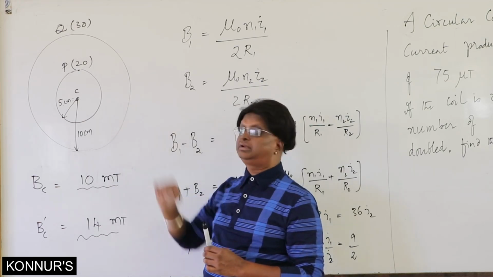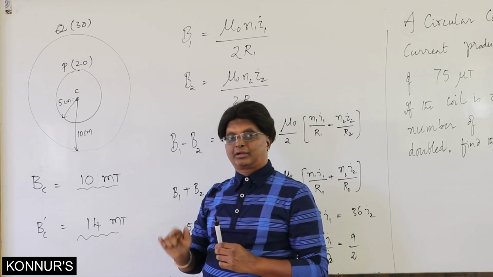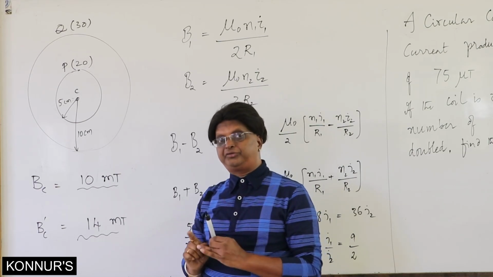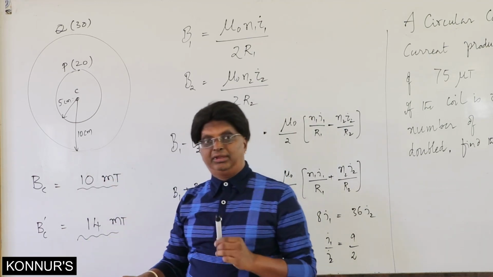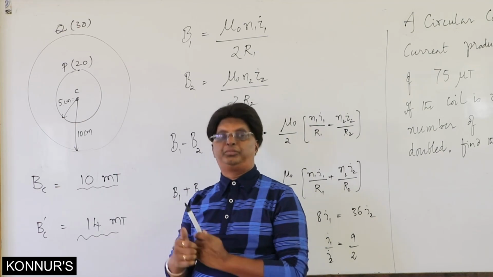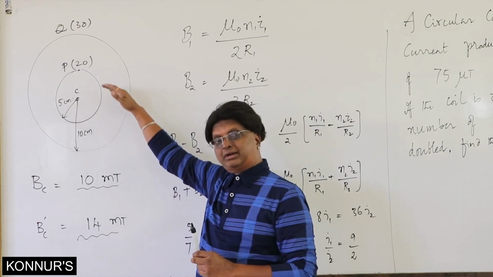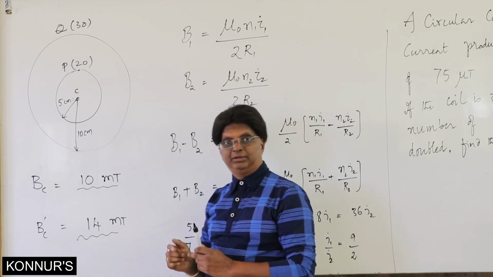Initially both of them were carrying currents in opposite order, and hence it was B1 minus B2. Net magnetic induction increased, so what happened? Earlier the directions of the currents were opposite. After reversing the current in Q, now the currents are in the same order.